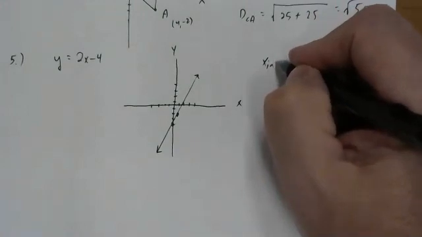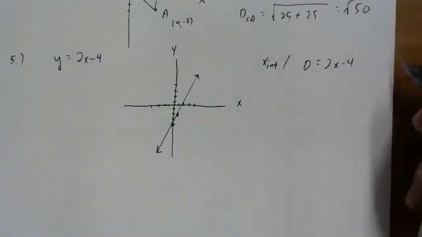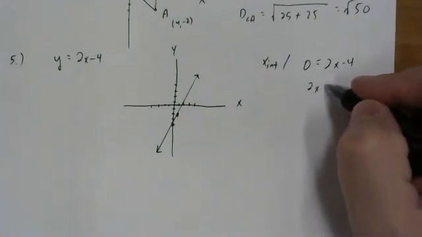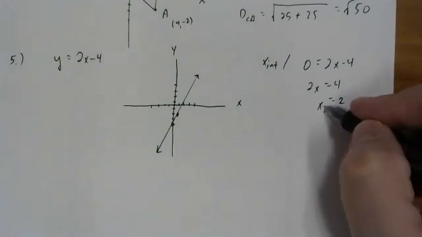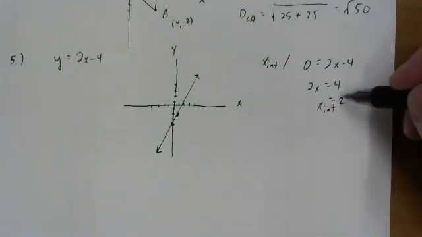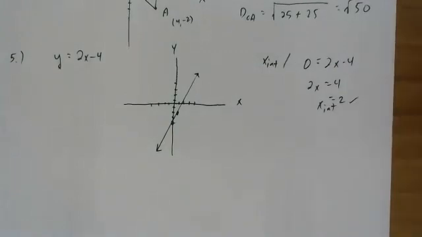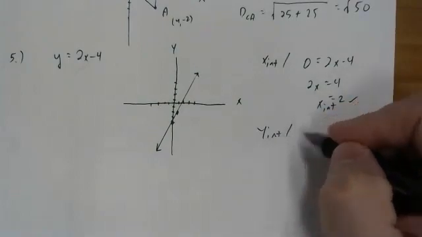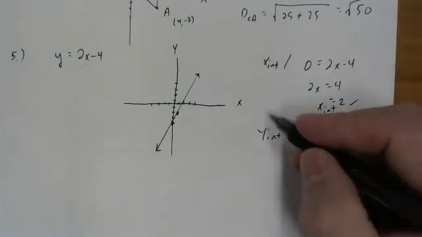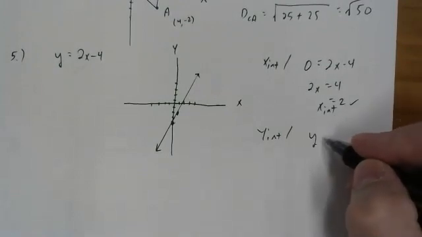So for the x-intercept, we set y equal to 0 and solve for x. x-intercept of 2. Looks pretty close. And then for the y-intercept, you set x equal to 0 and solve for y.